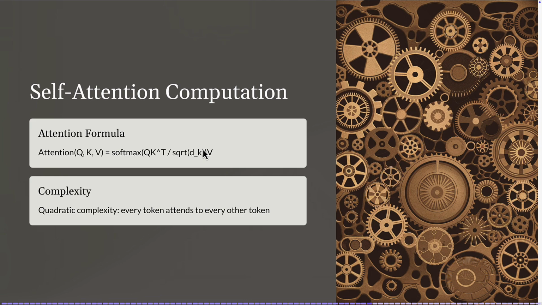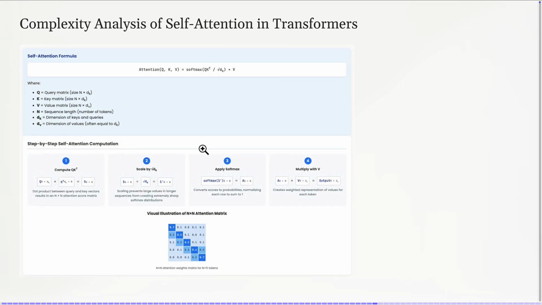Okay, now we will have a look at the self-attention computation and its complexity. Let's decode what is happening inside this computation. This is the overall equation: the softmax of Q multiplied by K transposed, divided by the square root of the key dimension, multiplied by V. Q is the query matrix, K is the key matrix, and this is their dimension.